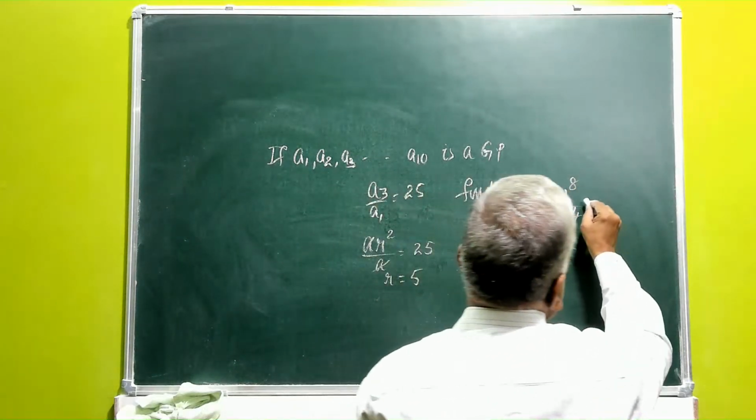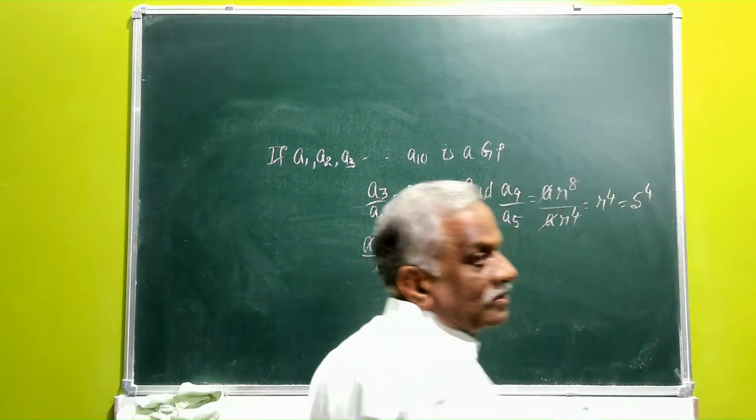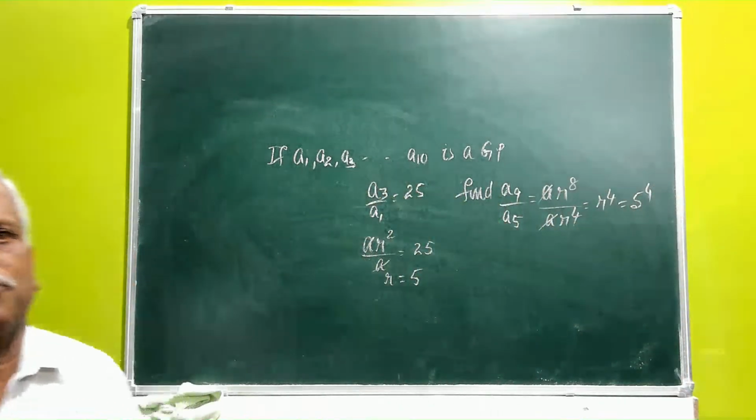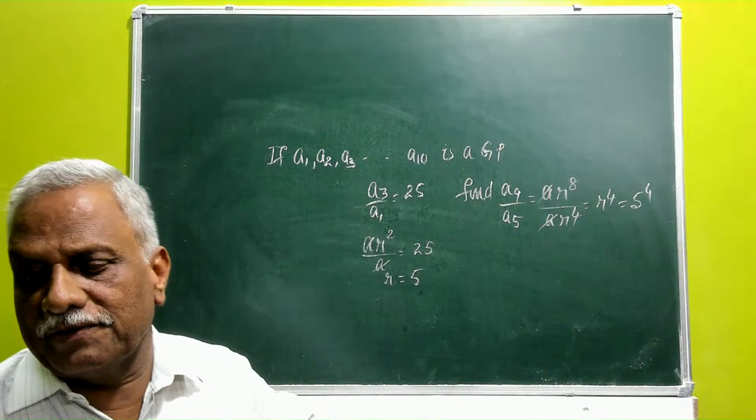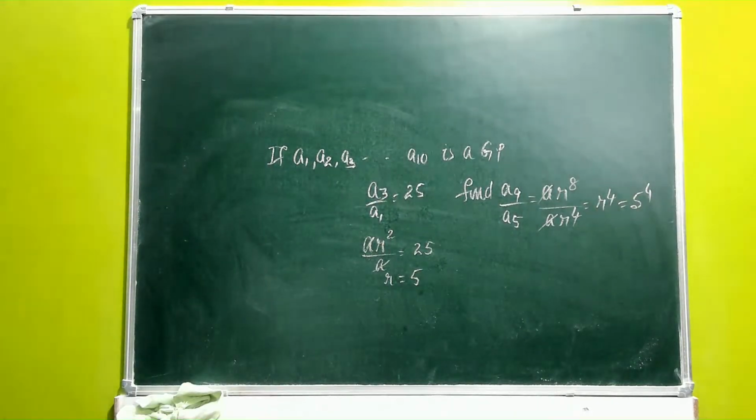So this is r to the power of 4. That is 5 to the power of 4. 5 to the power of 4 is 625, or they would have given us 5 to the power of 4 only. I think the problems asked are very simple problems.